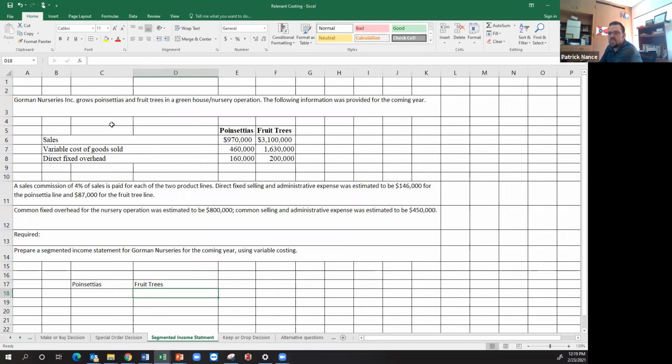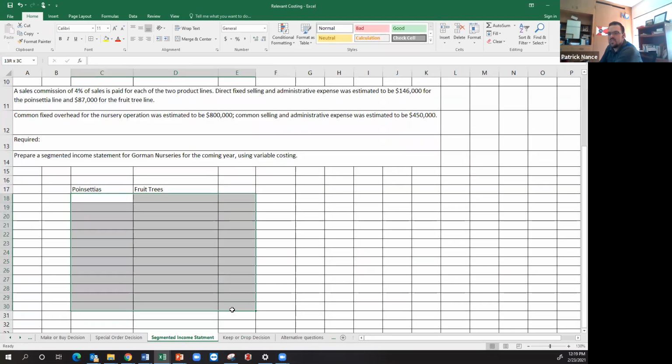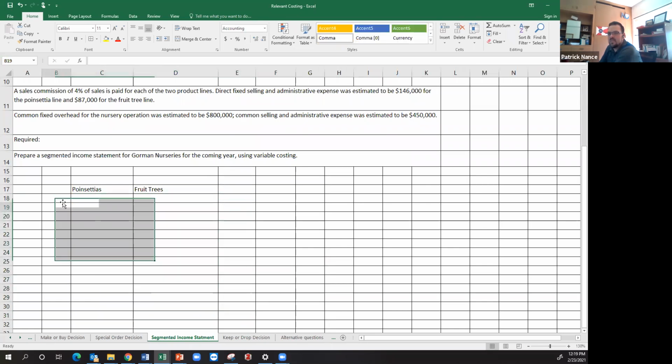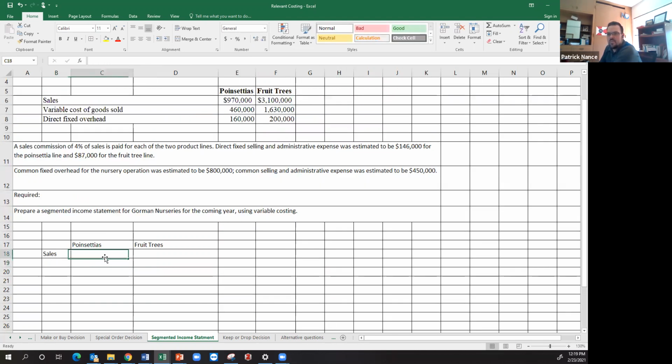And like any other income statement, the first thing it starts with is my revenues, or my sales. So I'm going to start with sales. Poinsettias was 970,000 and fruit trees was 3.1 million.